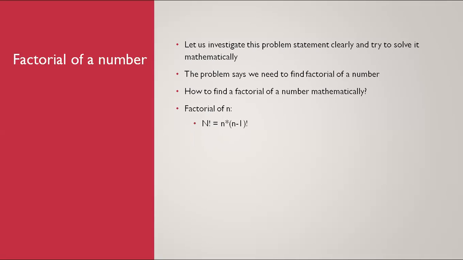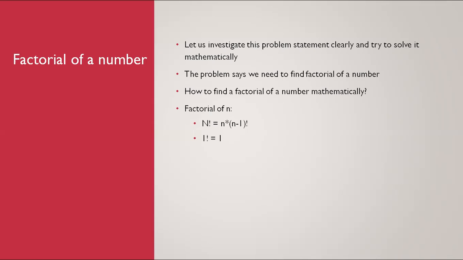The second rule says that 1 factorial is 1. There is nothing called 0 factorial here. So 1 factorial is equal to 1. These are the two rules we need to know.